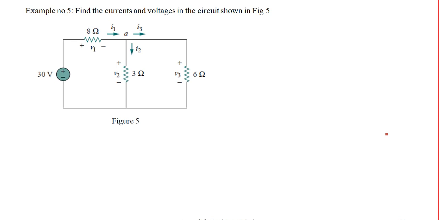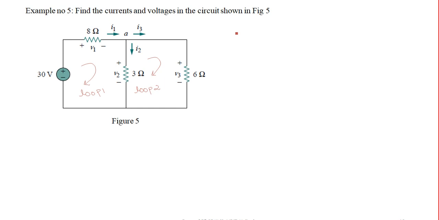So here, if you want to apply KVL, you require the loop currents, right? So you can make a few assumptions. I can assume one loop current, that is loop 1, and another one will be loop 2.